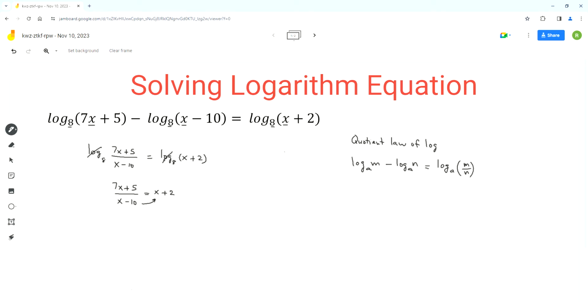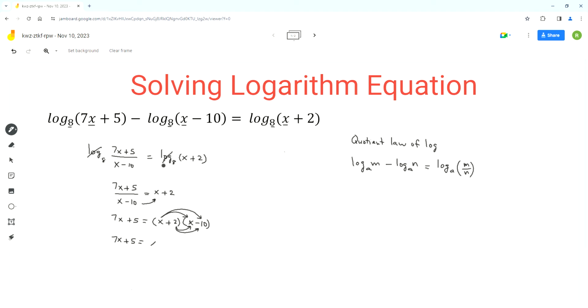So we get 7x plus 5 equals, and we multiply x plus 2 by x minus 10. We use the parentheses to separate the terms from each other. We can use FOIL to distribute the terms on the right side of this equation. The left side stays the same.